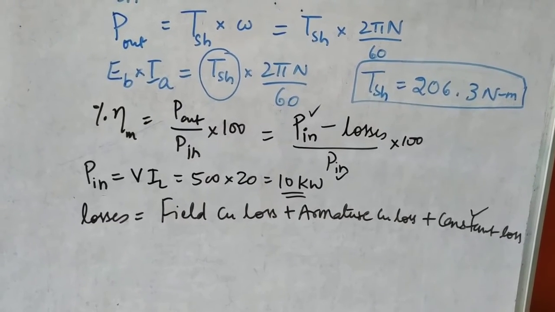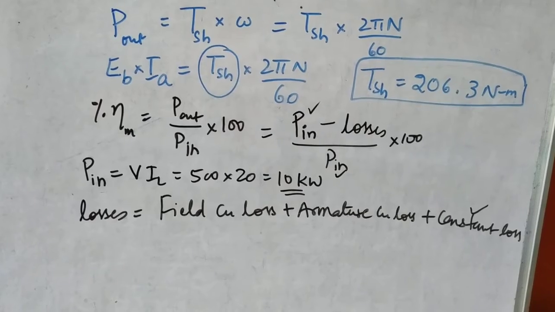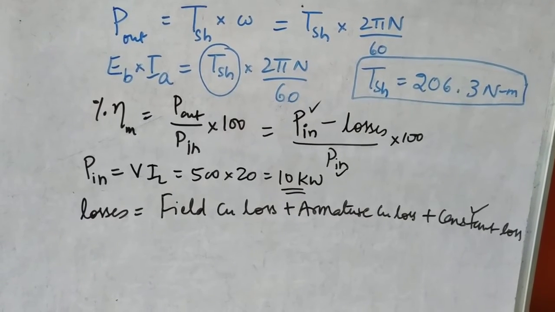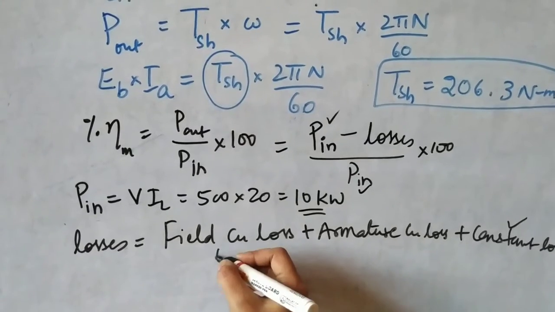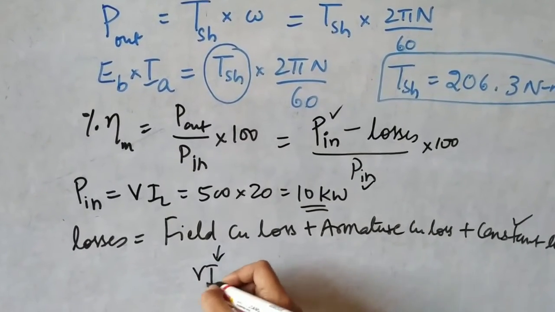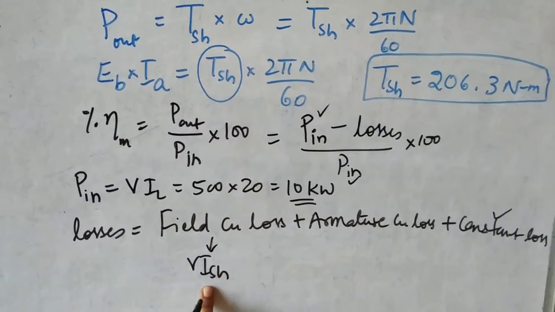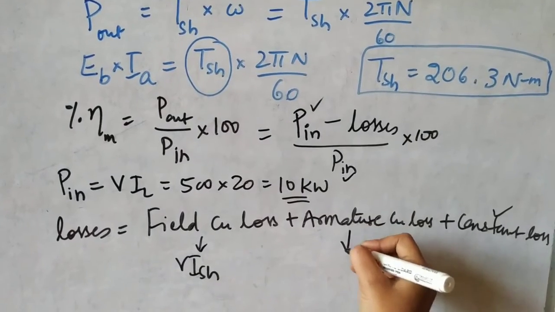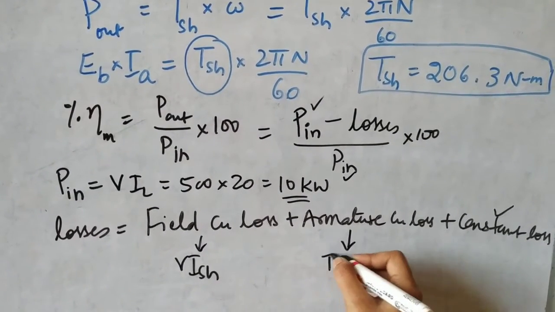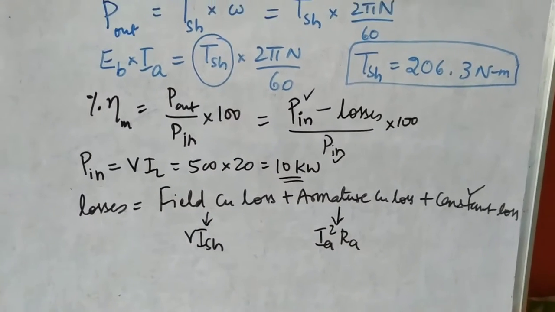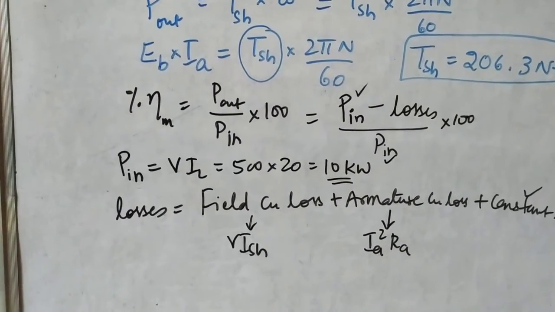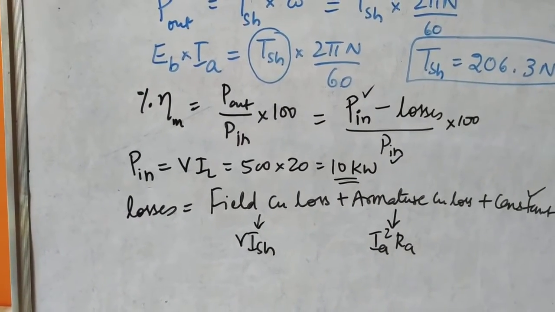In a simple way we can write it as V into I SH or I SH square into R SH, and the armature copper loss is I A square into R A. So individually you find out the field copper loss and armature copper loss.